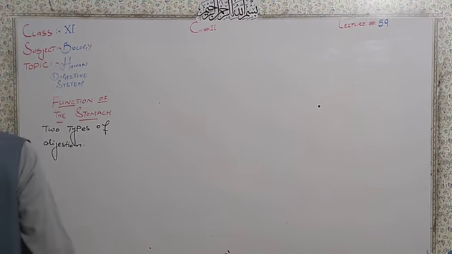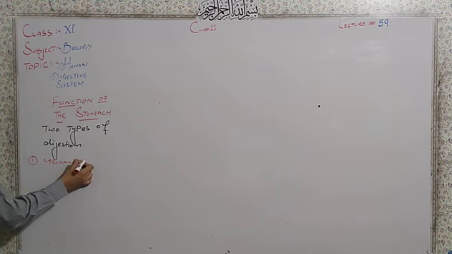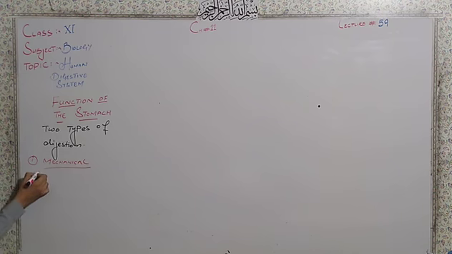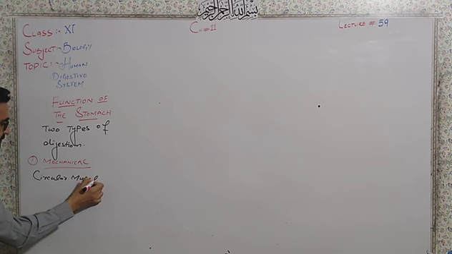The two types of digestion usually occur in the stomach. First is mechanical digestion. The circular muscles in the stomach produce contraction. Circular muscles will contract.